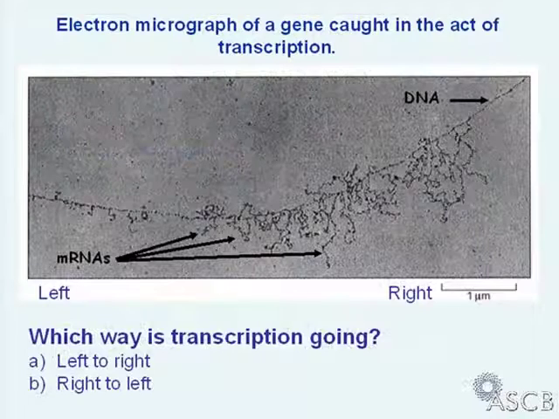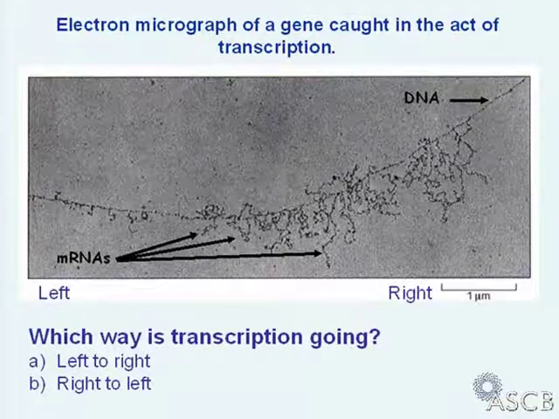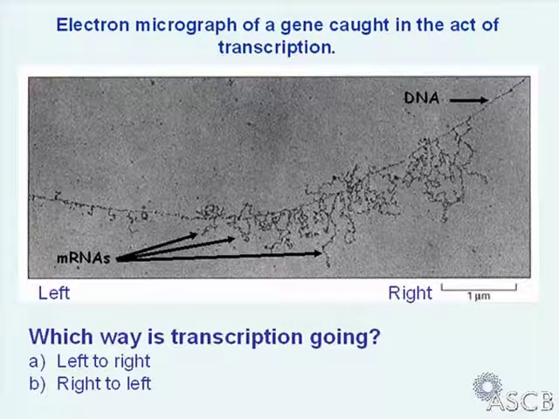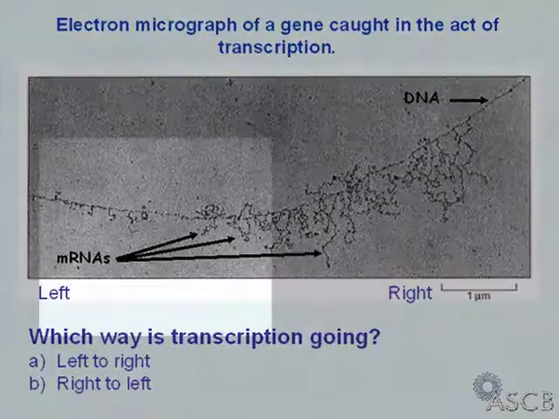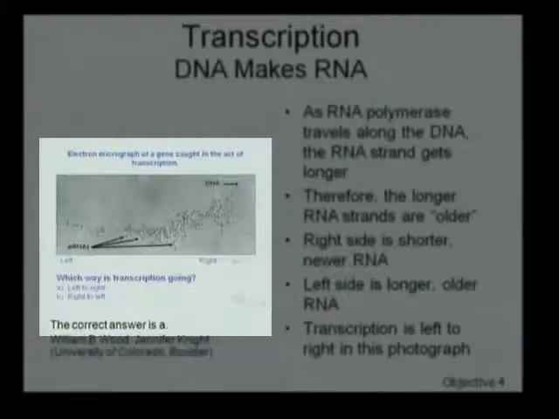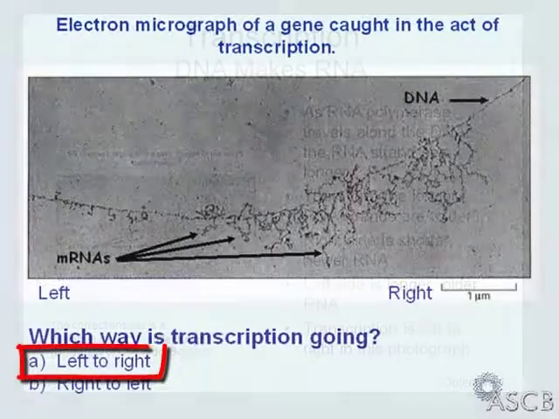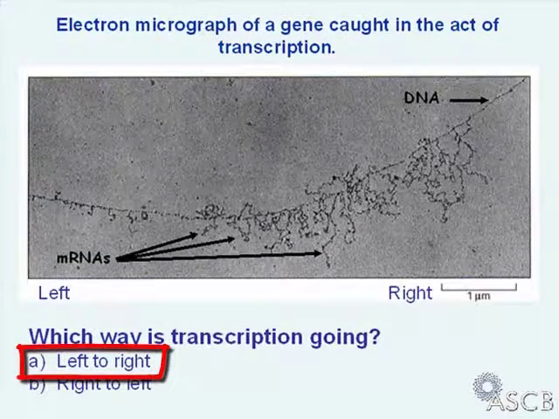So now we have the tools to answer the question that we asked earlier. Part of the reason that it was a hard question is because we didn't have all the tools for understanding the whole process, but now we can see that the correct answer to the question is A. Transcription is moving from left to right.